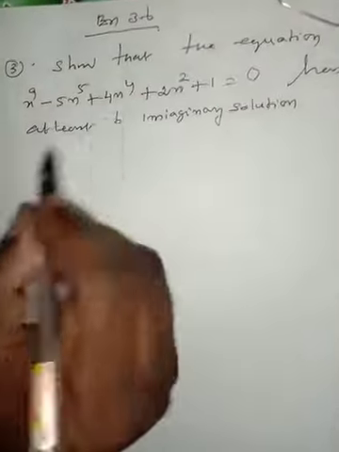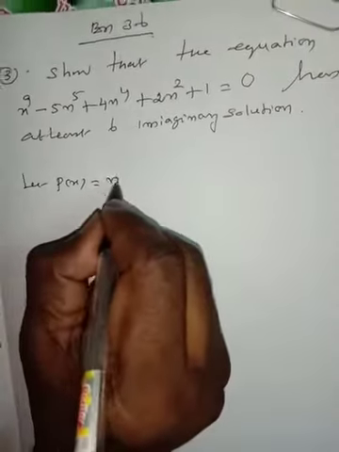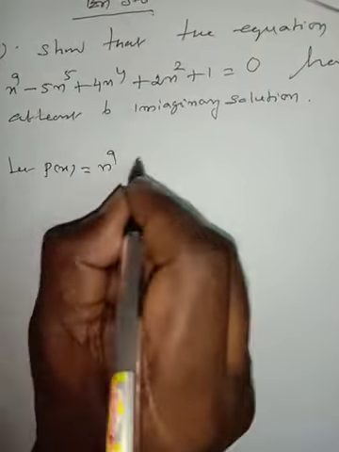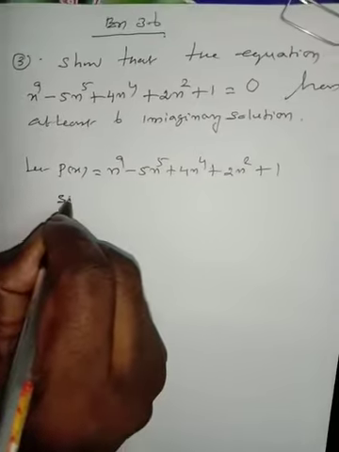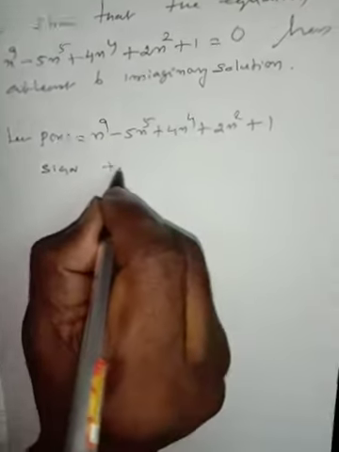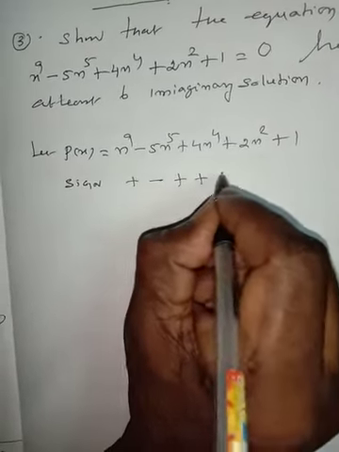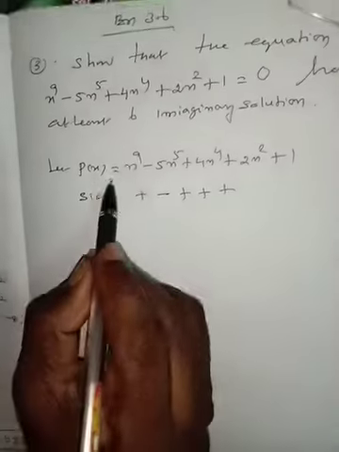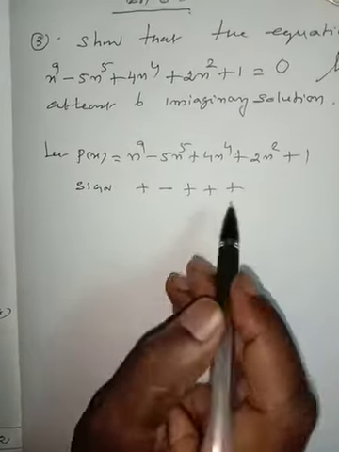First, the given polynomial is, let p of x is equal to x power 9 minus 5x power 5 plus 4x power 4 plus 2x square plus 1. Signs: first positive, next negative, next positive, next positive, next positive.